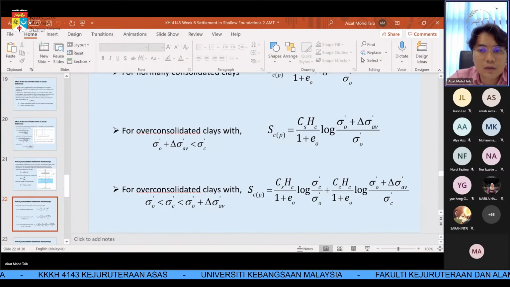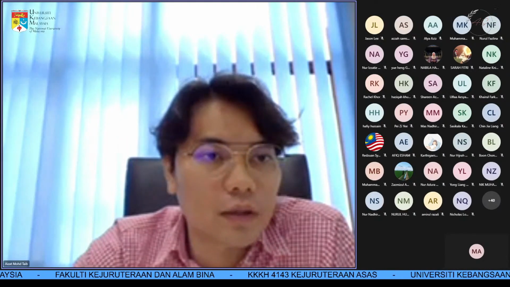Kita pakai note buku lah. Sekejap. Semua orang senyap je. Nampak ke slide saya? Nampak Doktor. Okay, alright.